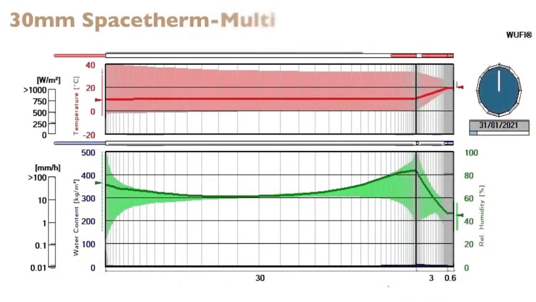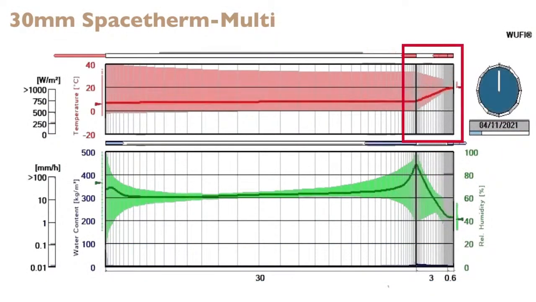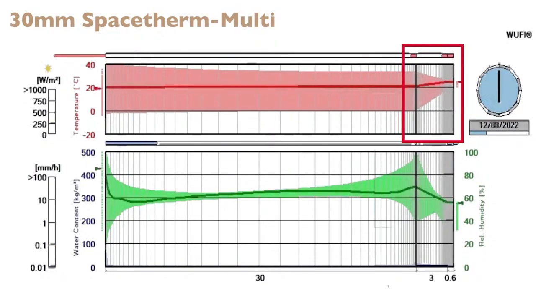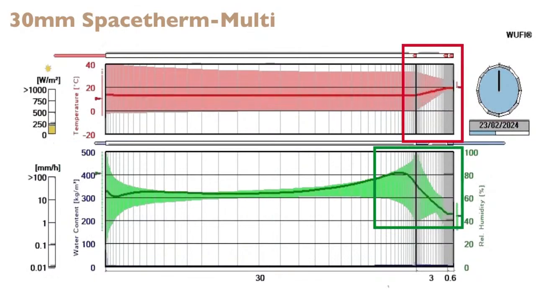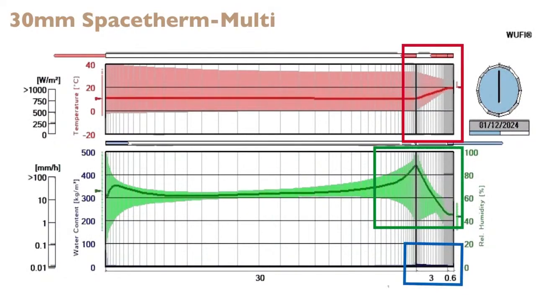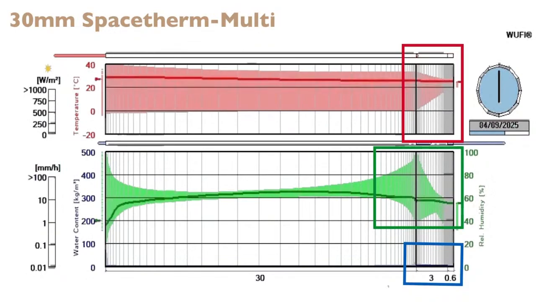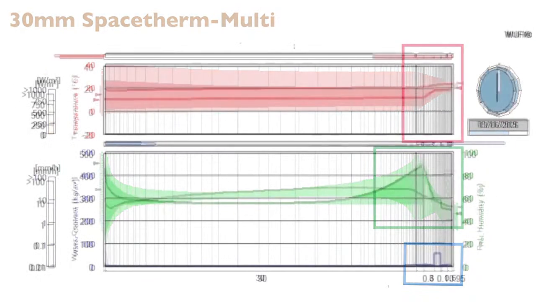If we now increase the insulation thickness to 30mm, we can see the temperature gradient gets steeper through the insulation, but the relative humidity also increases as the inner surface of the stonework has become cooler. The moisture accumulation graphs are similar though, with no increase in water content.